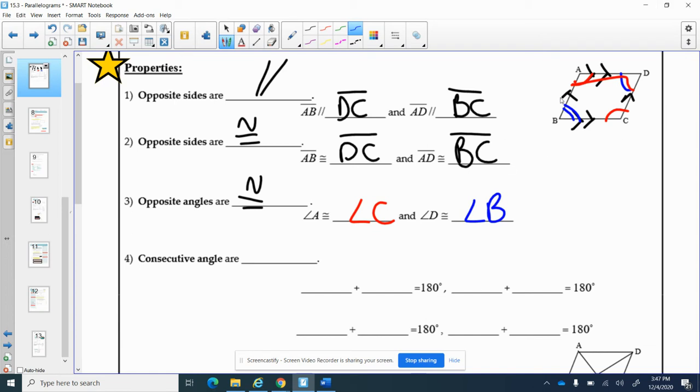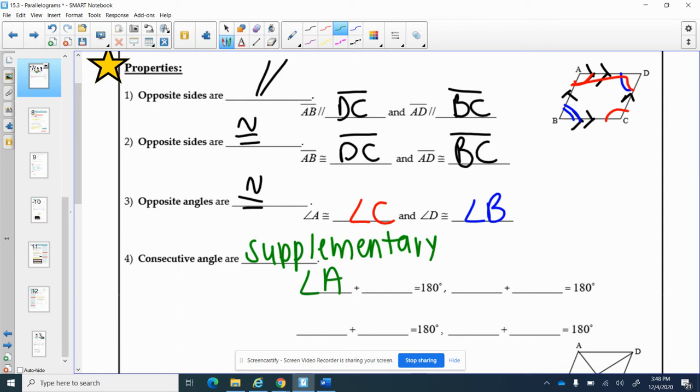While the opposite angles are congruent, we know that the consecutive angles are supplementary. So they have to add up to equal 180 degrees.